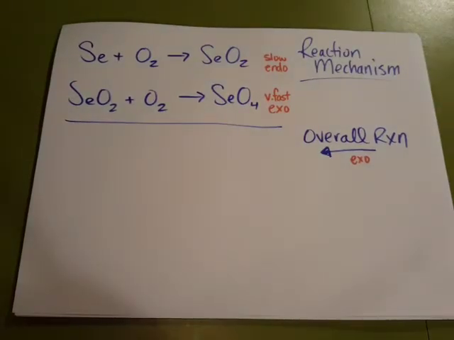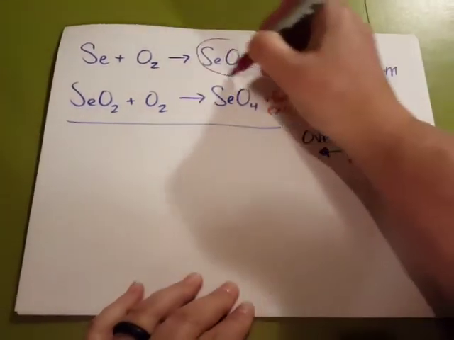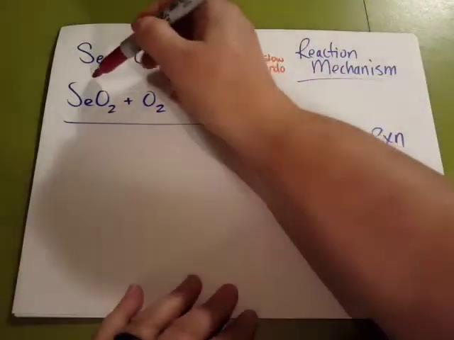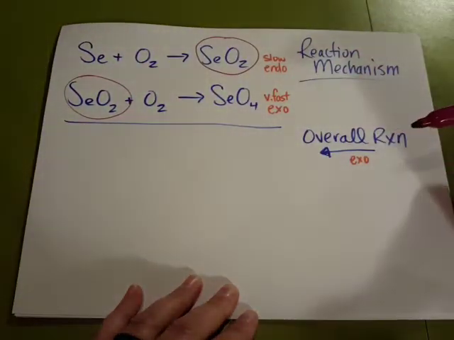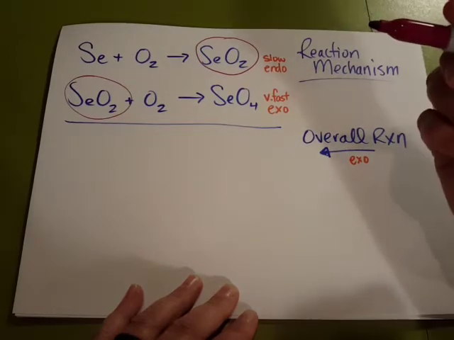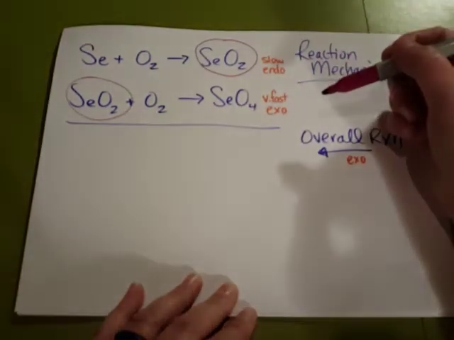If we look at this, we can see that here we have the selenium oxide, and over here we have a selenium oxide, and it's something that gets created but then gets consumed.